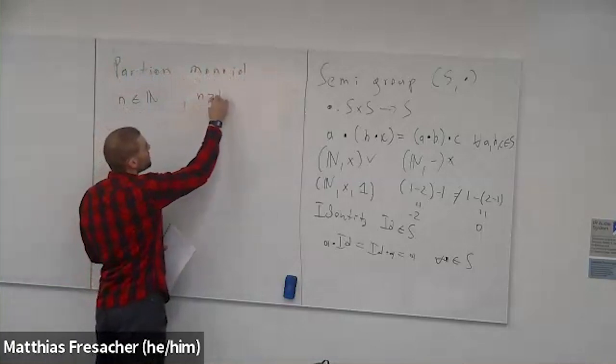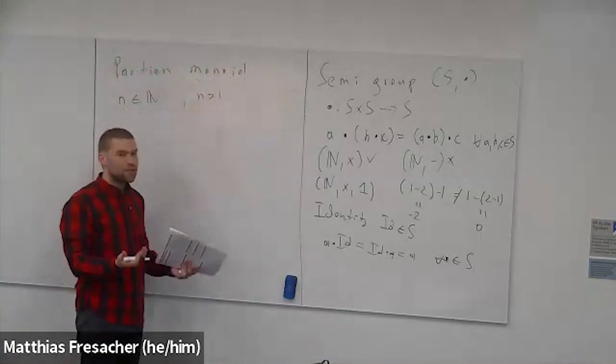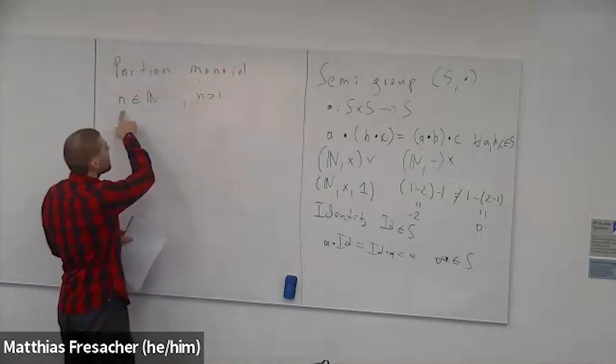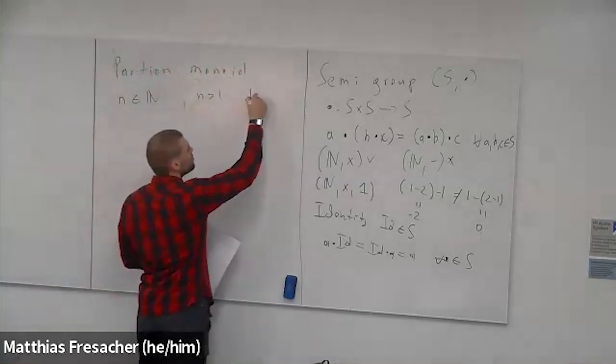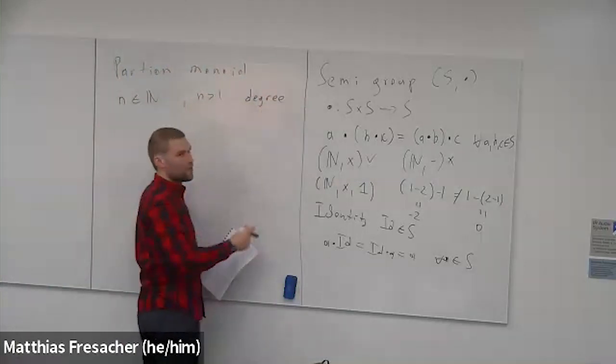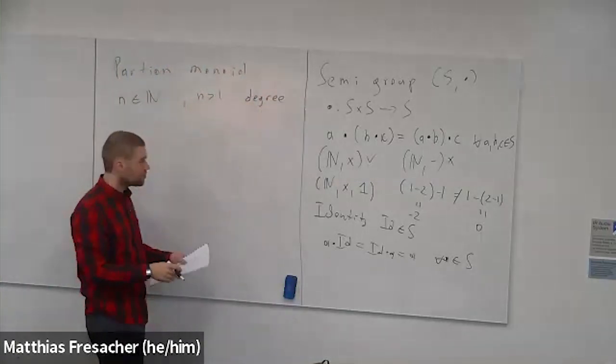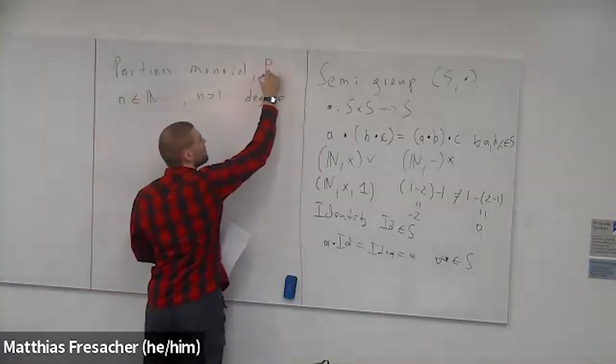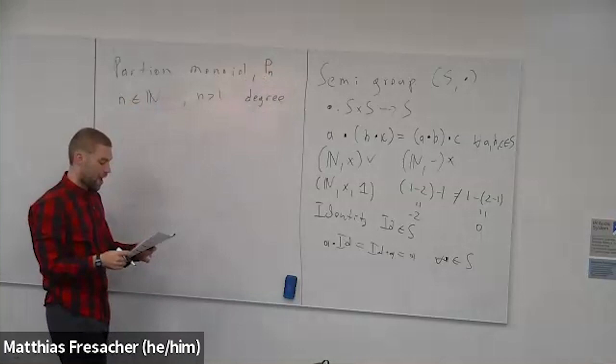Now, we're just going to pick n greater than 1 so we don't have too much triviality. And this n is going to be what's called the degree of our monoid. So our partition monoid is going to be Pn for that choice of n.